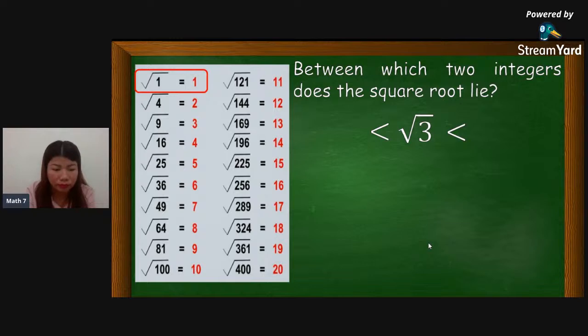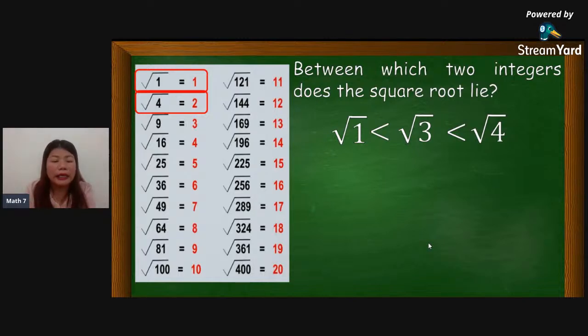Tama po ba? Ang square root of 3 ay mas malaki sa square root of 1? Yes or no? Okay, that is yes. Next, at mas maliit sa square root of 4. Alam po saan ko kinuha yung square root of 1 at square root of 4?